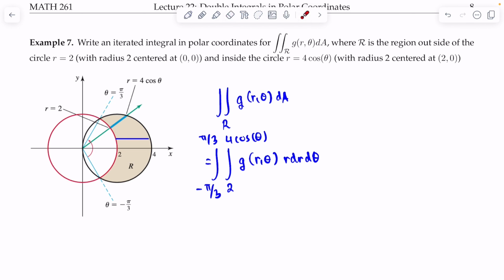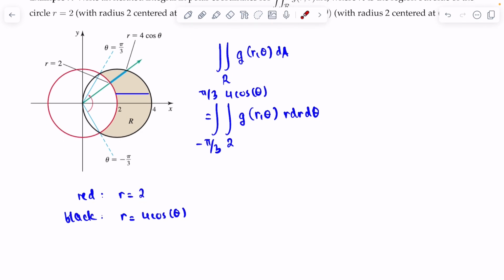You just need to find the intersection points between the two curves, the red curve and the black curve. The red curve is of the form r equal to 2, and the black curve is the equation r equal to 4 times cosine of theta. You set these two equations equal to one another, and you get 4 times cosine of theta equal to 2, or cosine of theta equal to 1/2.